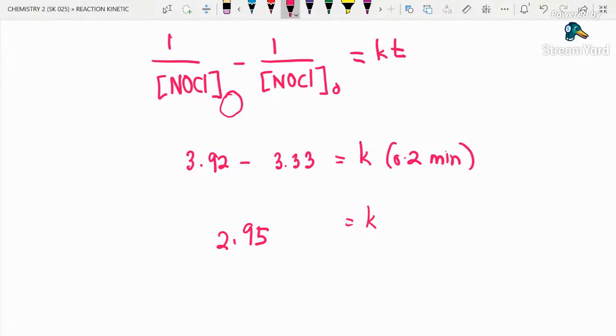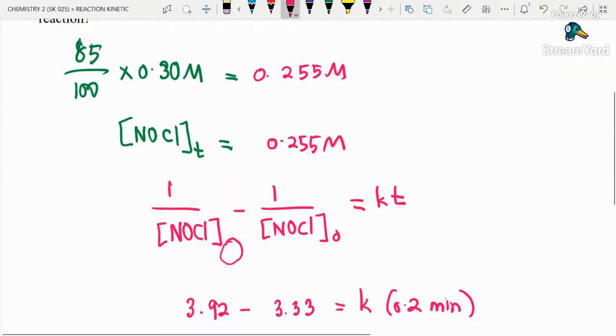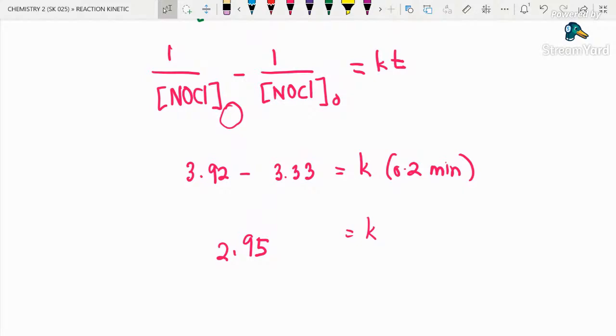Second order. 2.94. Betul. Okay, unit dia apa? This is the second order. 2.941 saya dapat.